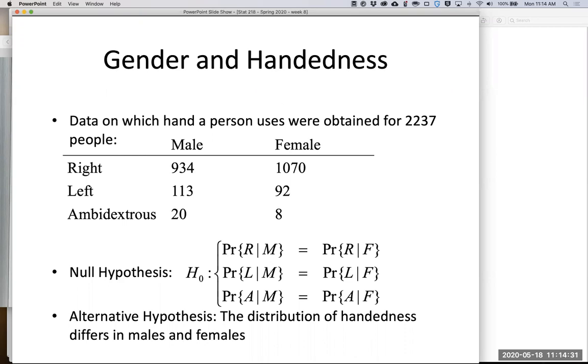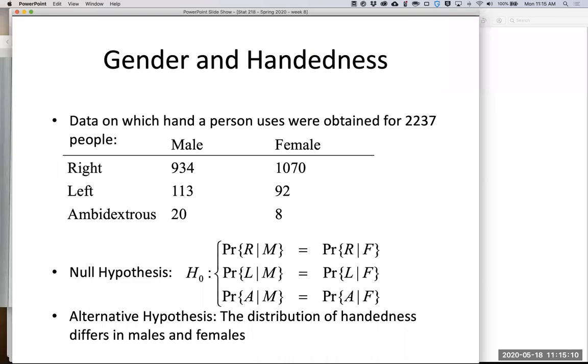And my null hypothesis now, because it's more than 2 rows or more than 2 columns, has to be composite. Multiple equalities must appear in a composite hypothesis. I would say the concept that handedness doesn't depend on gender could be said the following way: the rate of right-handedness among the males is the same as the rate of right-handedness in the females, and the rate of left-handedness in the males is the same as in the females, and the rate of ambidextrousness in the males is the same as in the females.